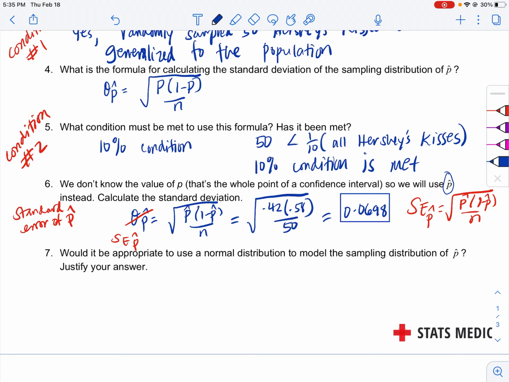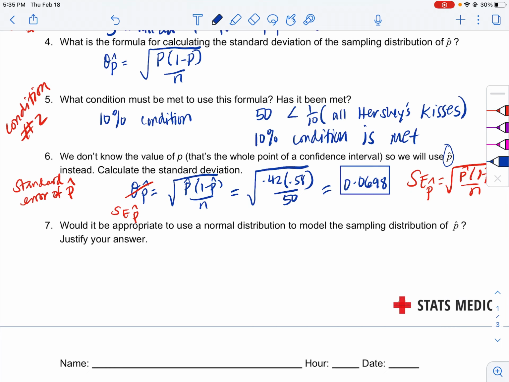Would it be appropriate to use normal distribution to model the sampling distribution of P hat? Justify your answer. In order for us to do that, we have to check the large count condition. Again, we don't have the P, so we are going to be using N times P hat and N times 1 minus P hat.